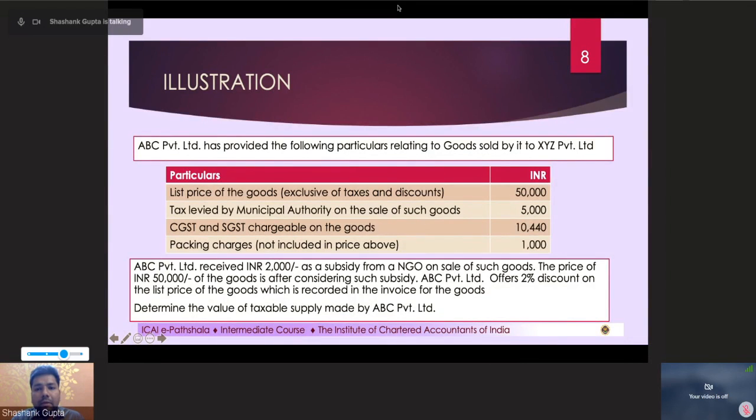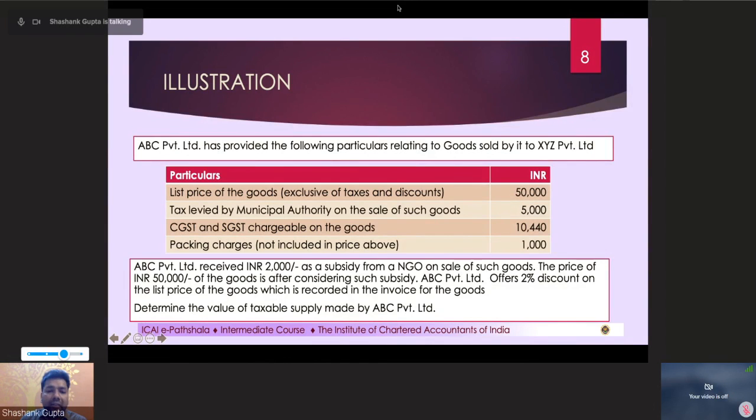Alright. So I believe we've addressed quite a lot of queries and people are still typing about subsidy. Now, Prasad Pradeep is asking, is subsidy from government to be reduced or to be ignored? First of all, the provision is very clear. If subsidy is from anyone other than the central government or the state government, that has to be added to the value so as to determine the transaction value.